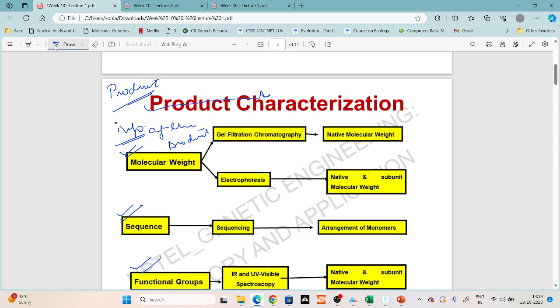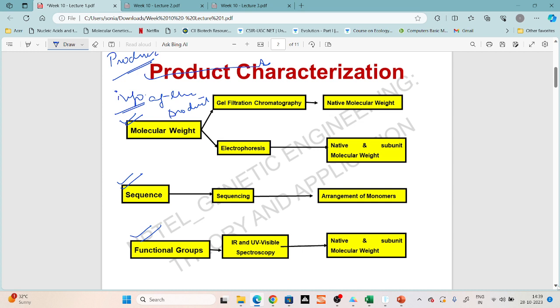For this, you need to know its molecular weight, its sequence, and the functional groups attached, so that you know what kind of product you have isolated, or that you have isolated the correct product. Now, how can you determine the molecular weight?